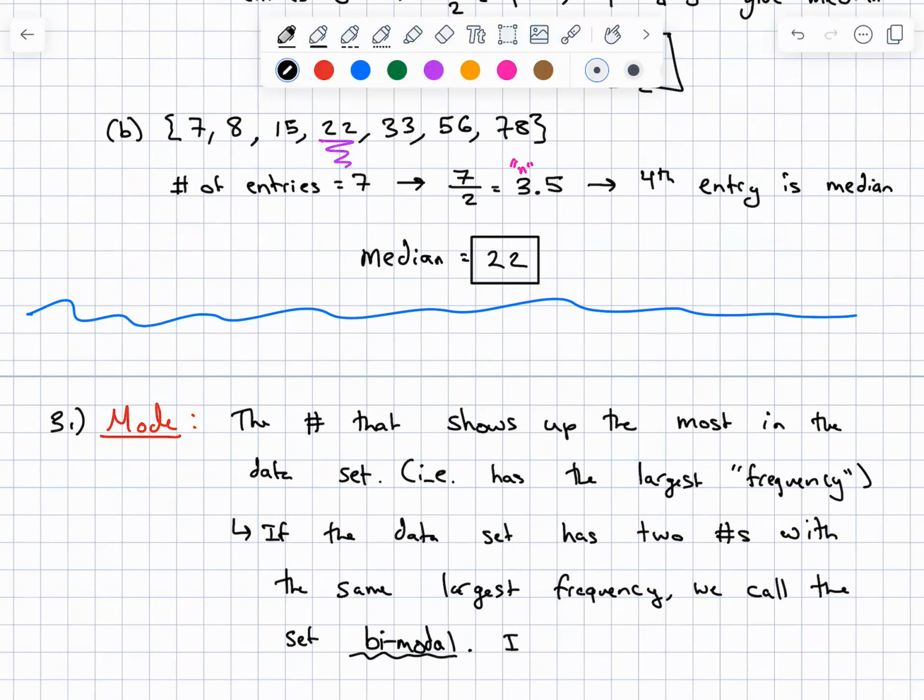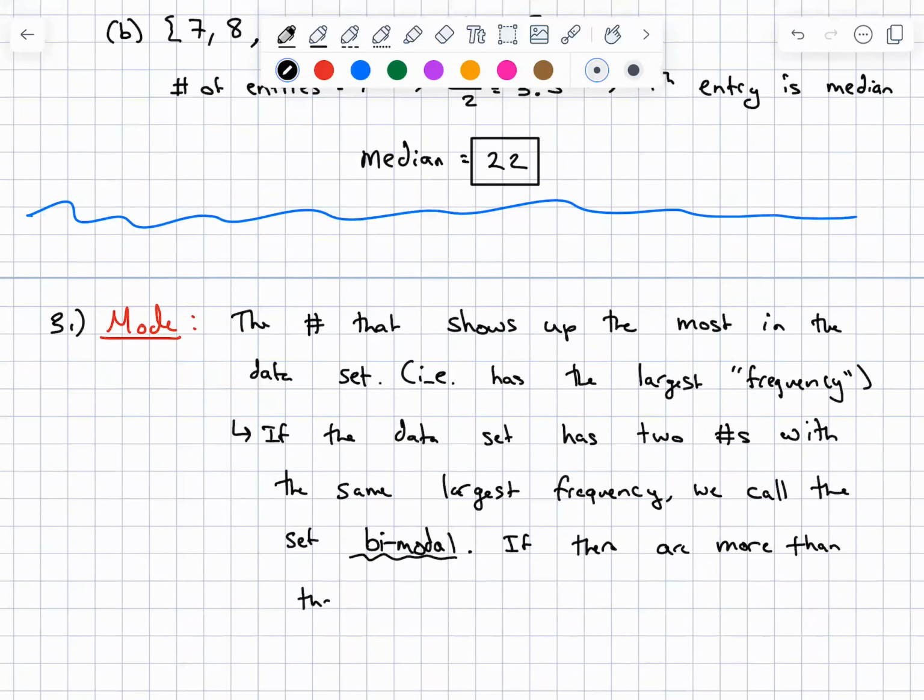If there are more than that, there is no mode. So for the mode there is the option for a bimodal set.